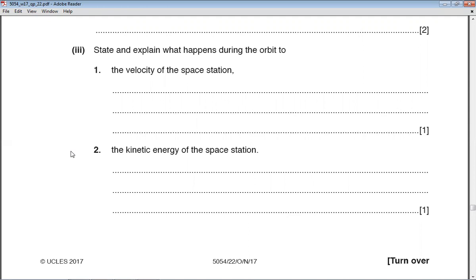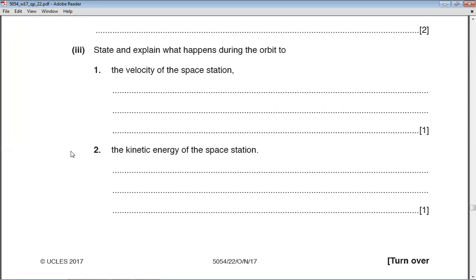So you know the velocity is a vector quantity, and the velocity has magnitude and direction as well. And in the statement of the question, he said that it is moving at a constant speed. Although the magnitude of the velocity is not changing, the direction of the velocity has to change, because whenever a body moves in a circular orbit, it has to change its direction.